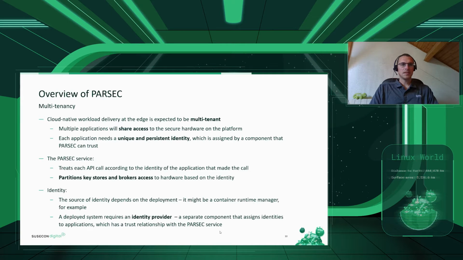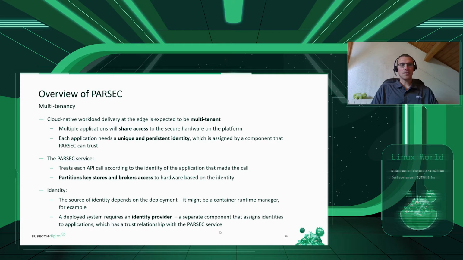One important thing of Parsec is multi-tenancy. Your cloud native workload delivery at the edge is expected to be multi-tenant. You have multiple applications which share access to the secure hardware on the platform, and each application needs a unique and persistent identity, which is assigned by a component that Parsec can trust.